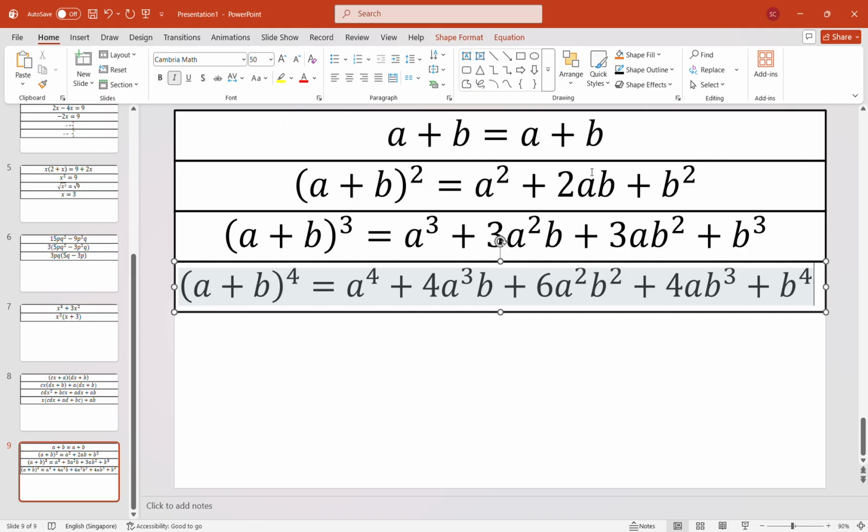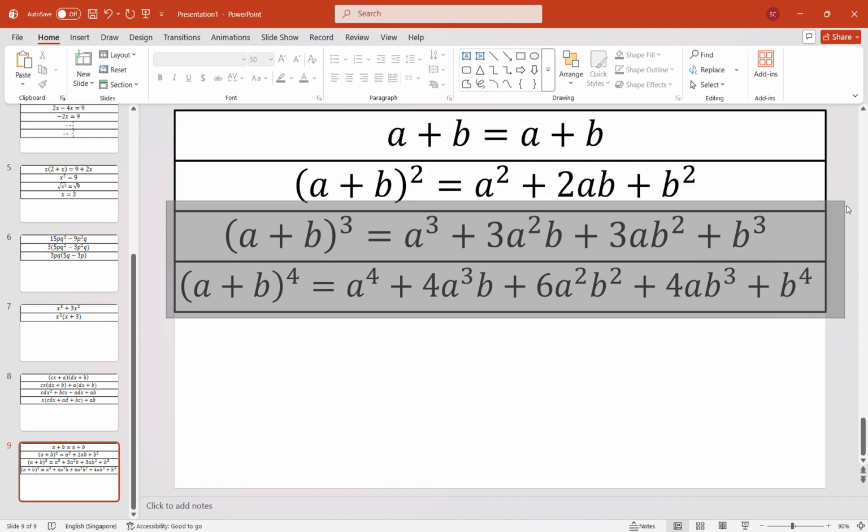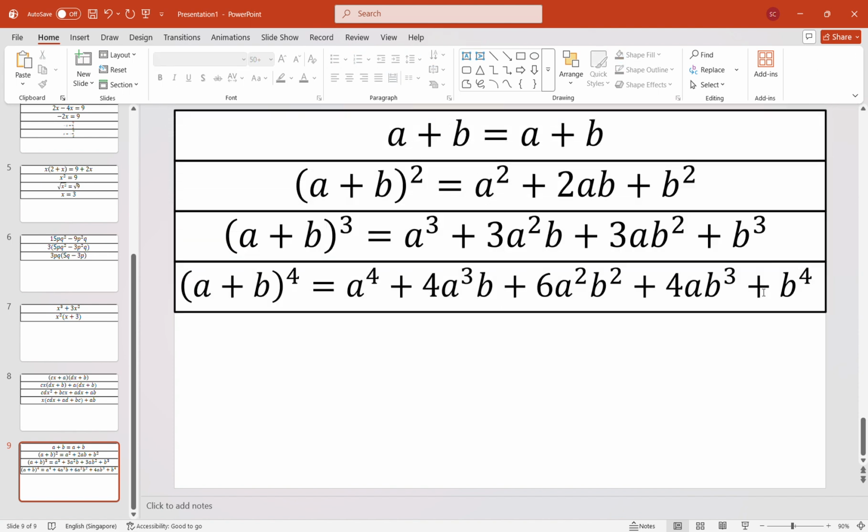Basically Pascal's triangle is a triangle where the numbers are the sum of the two numbers on top of the number. But it's pretty likely that you will not be using anything above (a plus b) squared in secondary school.